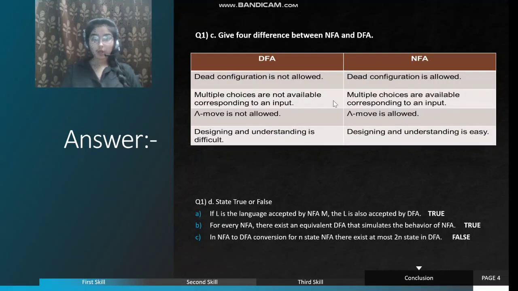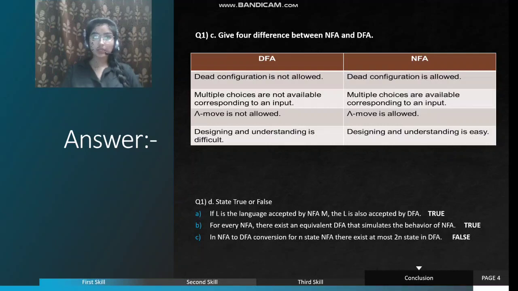Multiple choices are not available corresponding to an input in DFA, and in NFA multiple choices are available corresponding to an input. Now in DFA, epsilon move is not allowed and in NFA epsilon move is allowed. In DFA, designing and understanding is difficult, whereas in NFA, designing and understanding is easy.